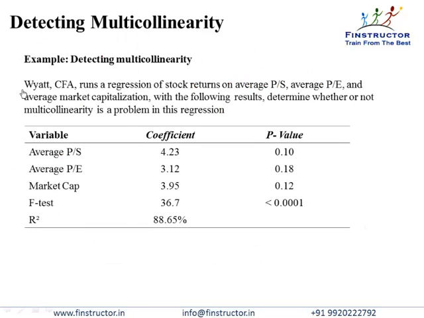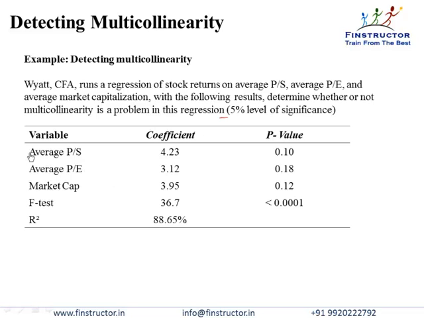So let's see, in this situation, do we think multicollinearity is present? Wyeth runs a regression of stock returns on average price to sales, average price to earnings, and average market capitalization with the following results. Determine whether or not multicollinearity is a problem in this regression.